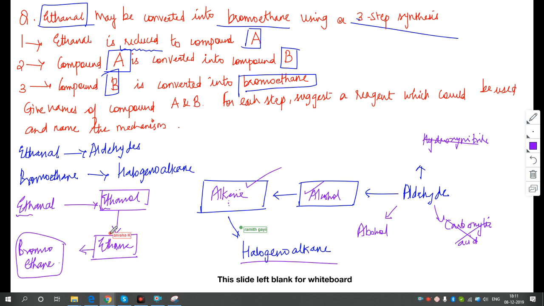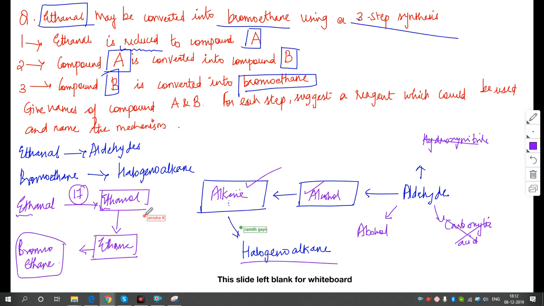Now we can use this with the help of the tables provided also. Ethanal reducing to ethanol is there on table number 17. Okay, the 17th point is conversion of ethanal to ethanol, that is aldehyde to alcohol.